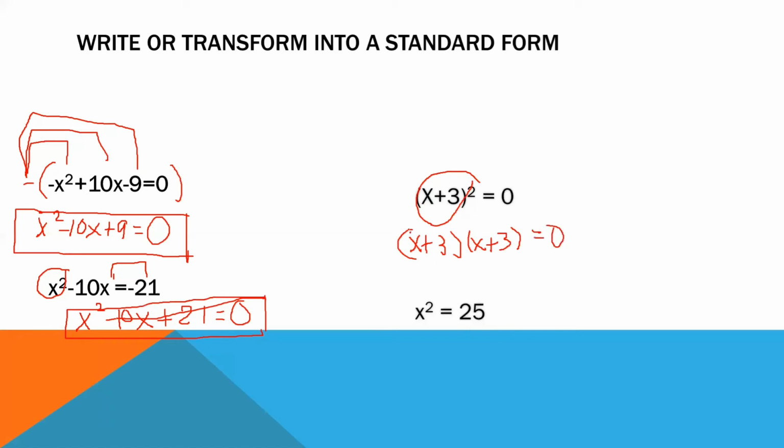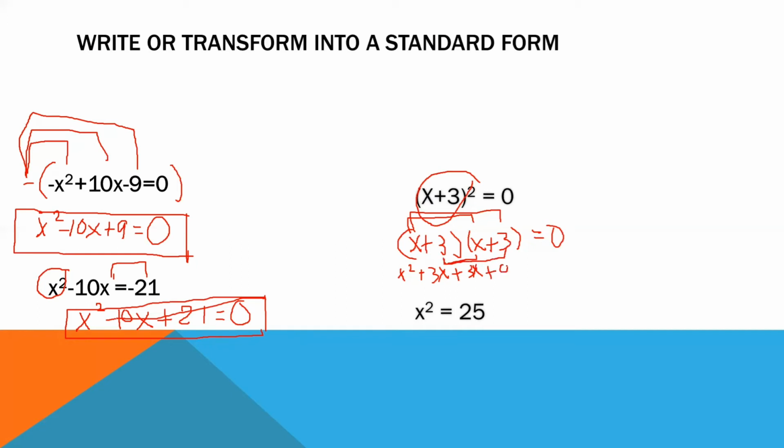So x times x is equal to x squared. Then x times 3 is equal to 3x. Then next natin is 3 times x is equal to 3x. Then followed by 3 times 3 is equal to 9.